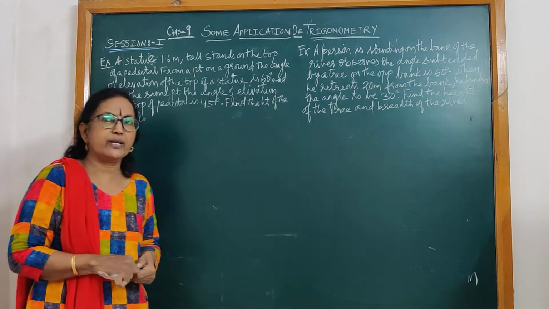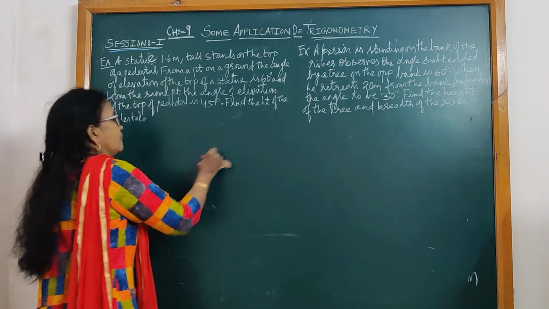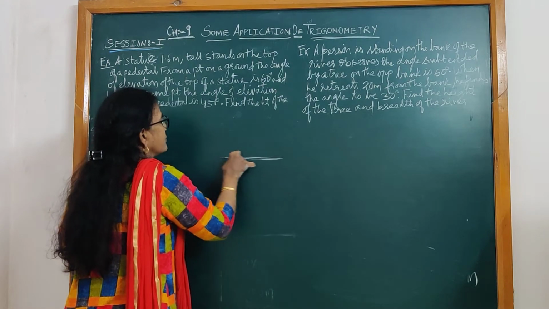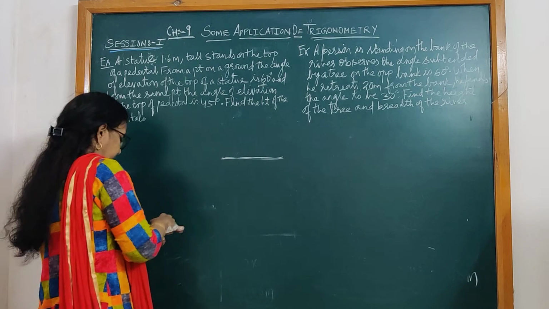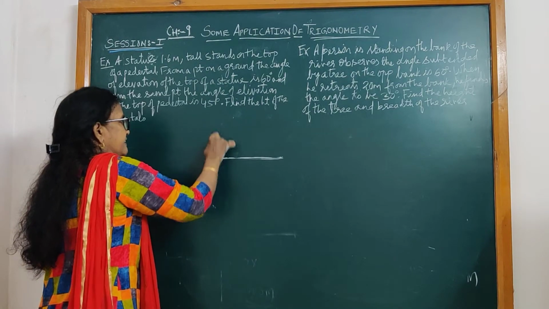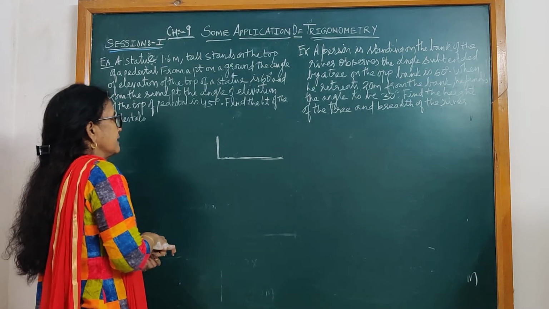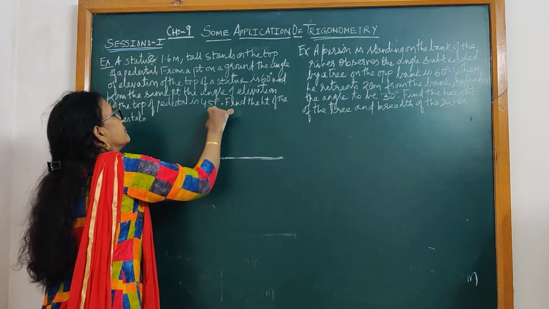So while we are doing these questions, you have to read the question 2-3 times. Now, this is the ground, your horizontal axis. This is a pedestal, the stand we are talking about, and on this pedestal there is a statue.